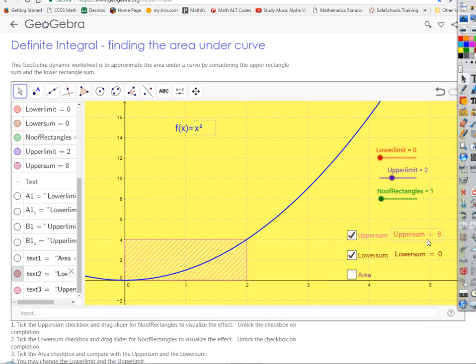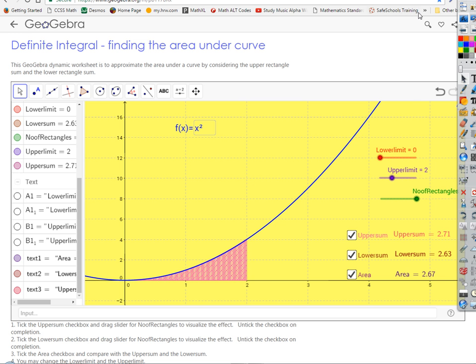We get either 0 or 8, depending on if we want the upper sum or the lower sum. As the number of rectangles goes up, the upper and lower sums start to get closer. If we get out to 100, it starts to look a lot better. We're starting to converge on a better answer. Turns out the actual answer is 2.67, 2 2/3.